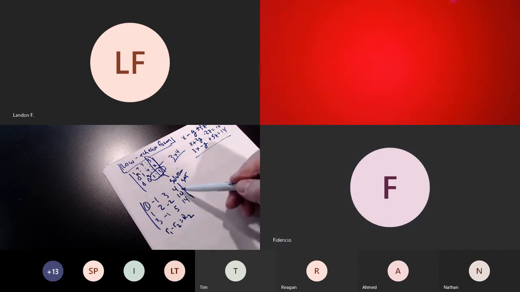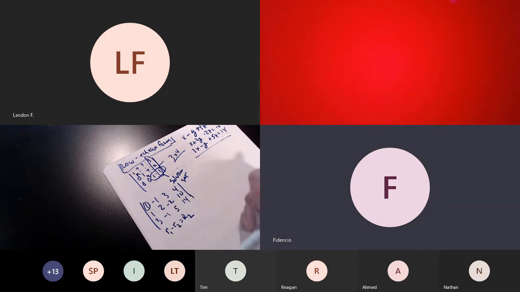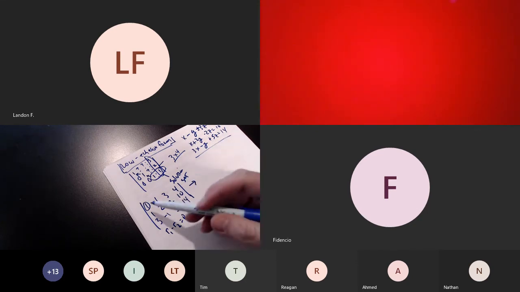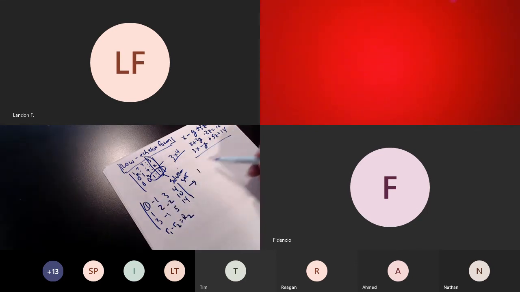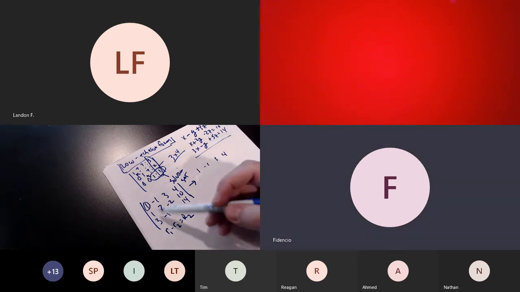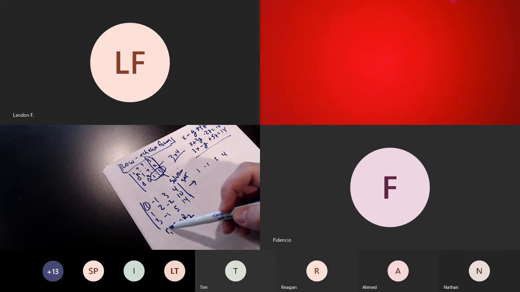All right, so I'm just going to rewrite. Normally I'd go down the page, but I think it's easier for you guys to see if I go to the right here. So I'm just going to rewrite the top row. 1, -1, 3, and 4. And now I'm going to take row 1 and subtract row 2.